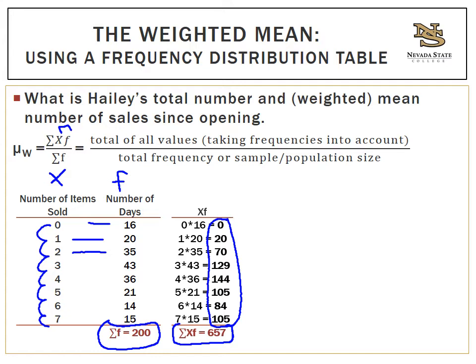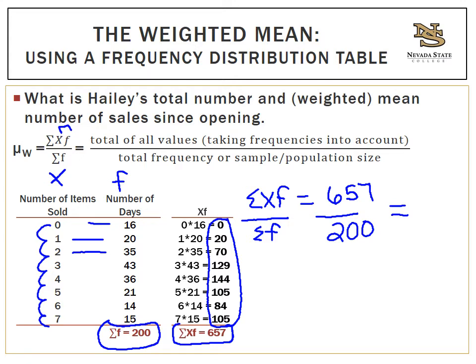But that's not all, right? She wanted to also know the mean, or in this case, the weighted mean of how many items she sold. So we've got both the values we need, right? We've got the sum of X times F, or the total number of sales, and that is 657. We also know how many days, or the sum of the frequencies, or the population size in this case, since that's all the days she's been open, is equal to 200.